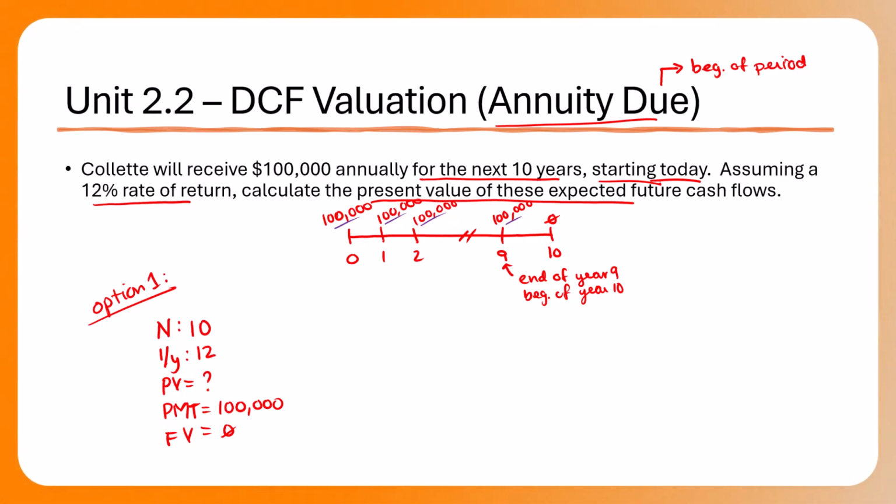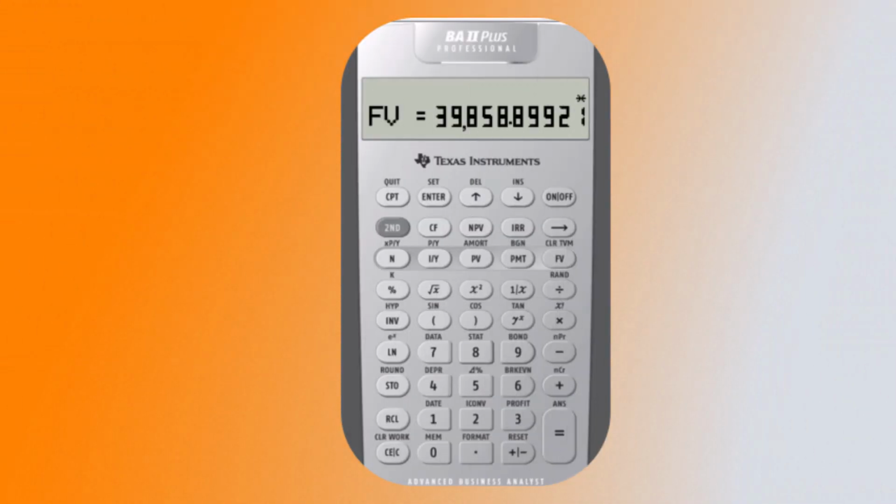Let's go into our financial calculator. We'll clear our time value of money inputs. We'll type 10 for N, 12 for IY, 100,000 for the payment, 0 for the future value, and we will go ahead and compute present value.